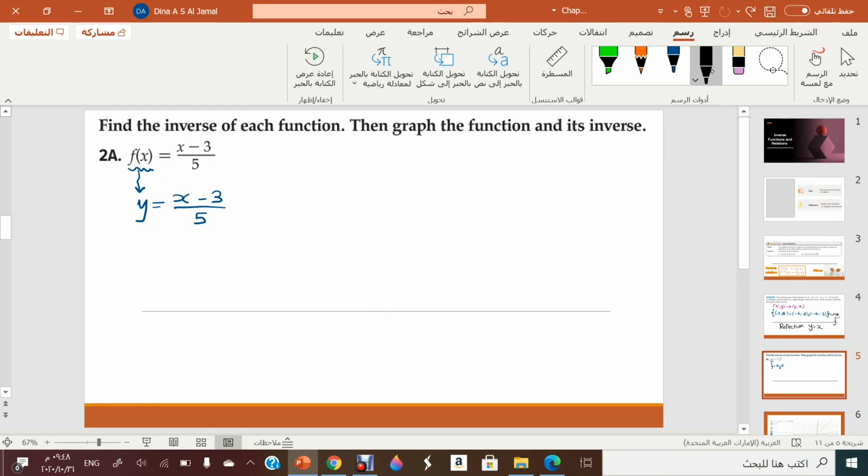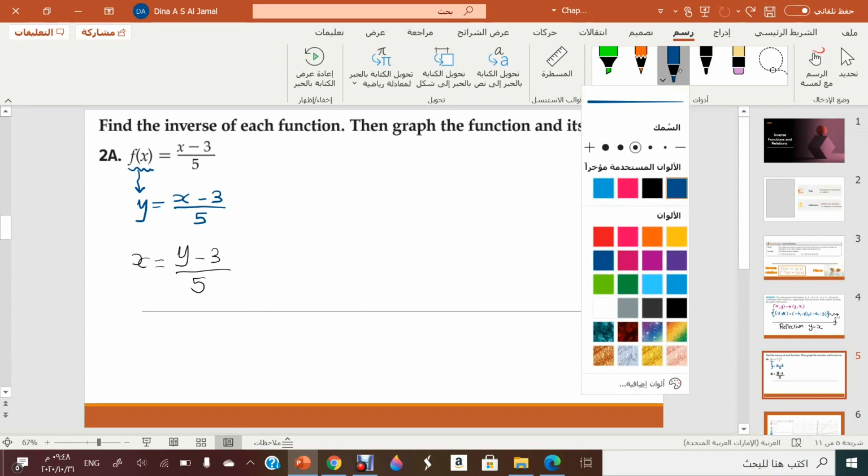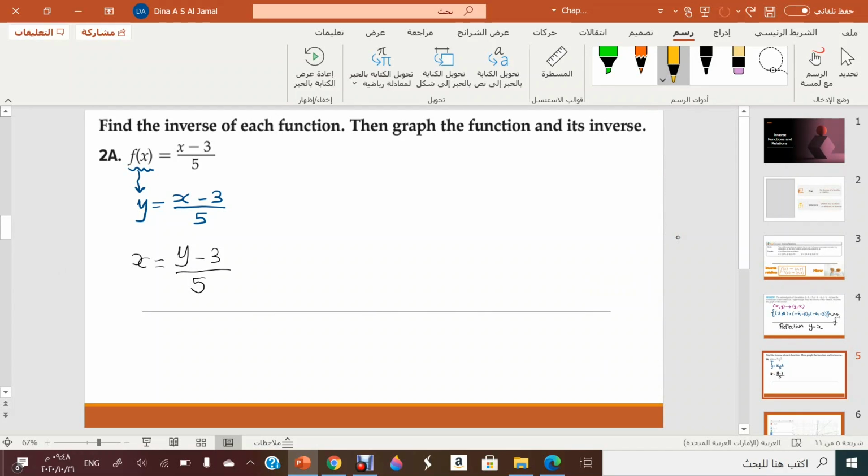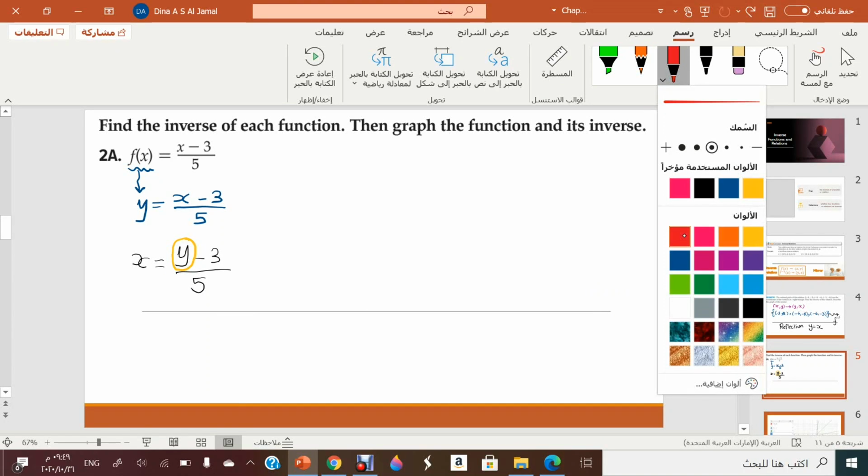So previously, in the inverse relation, remember the mirror, you were only changing the location of x and y without doing anything else. Now you will be doing the same. Just swap. Now you need to find y or keep y alone. So we will be solving this equation.